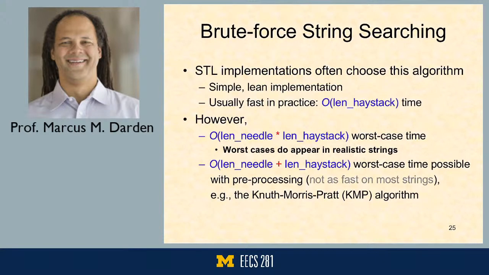In brute force string searching, the STL is often going to just use this straightforward sliding window thing. It's pretty fast because average case is len haystack, right? Can't get much better than that. If we've got to search something that's got n characters in it, and we can get it searched in n time, it's hard to beat that.